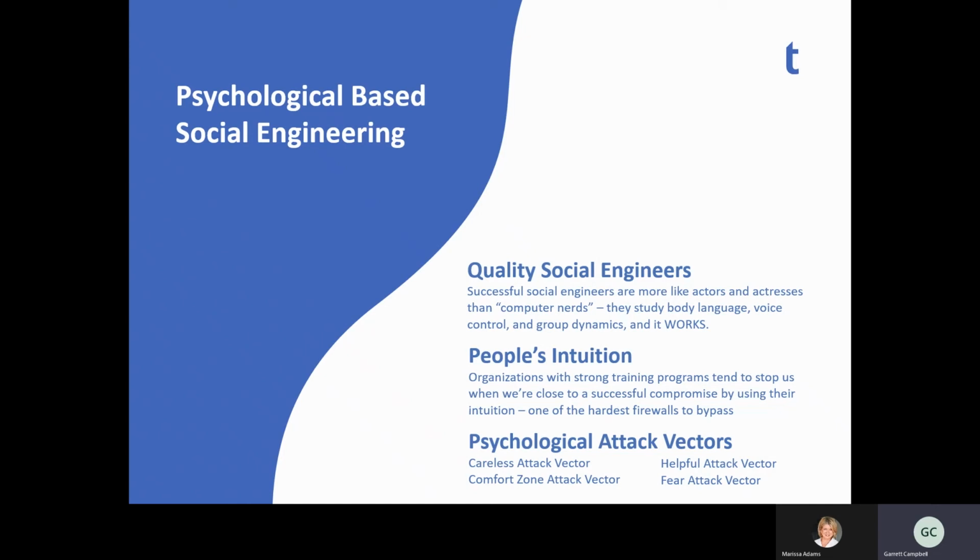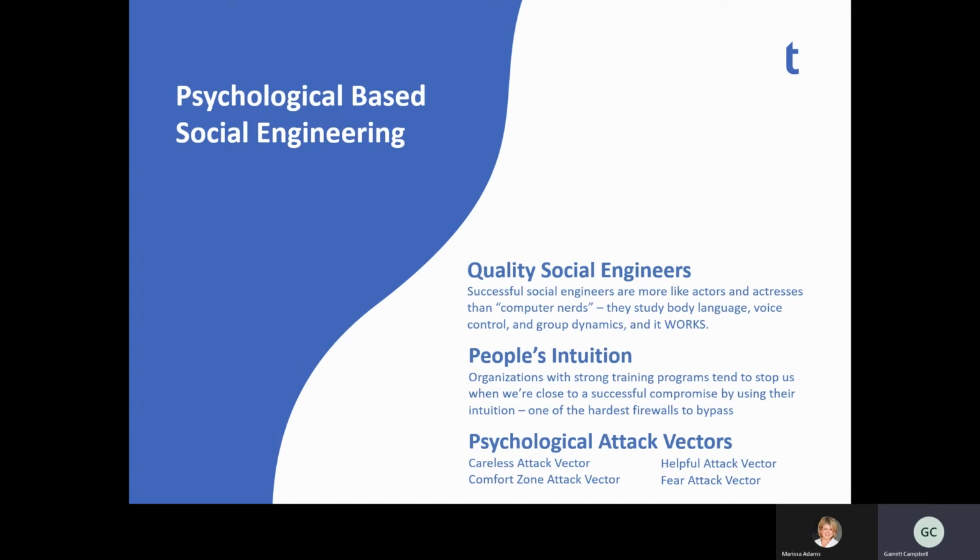Basically, the more people are aware of something, the stronger their intuition is. If they're drilled on phishing and potential on-site social engineering engagements, it's always in the back of their mind. And strong intuition in an internal employee is one of the hardest firewalls to bypass in social engineering.